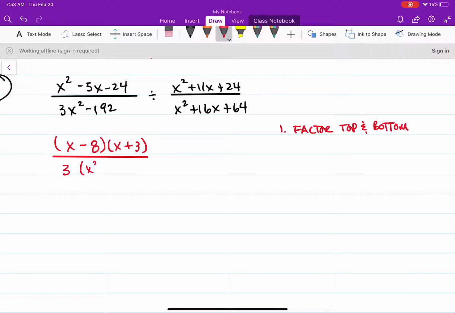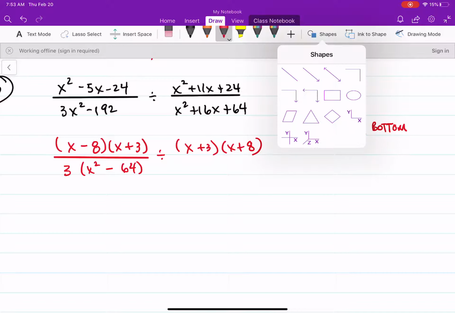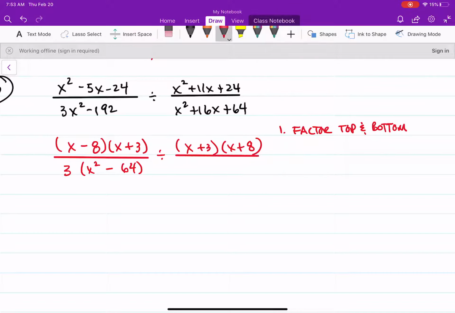You get x squared minus 64 divided by AC method here, x plus 3, x plus 8. And the bottom, with the AC method, we're going to have x plus 8 times x plus 8.